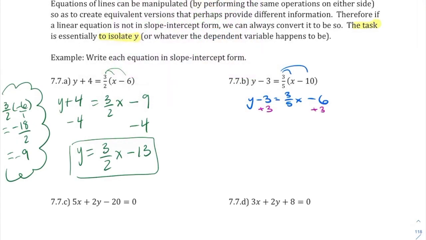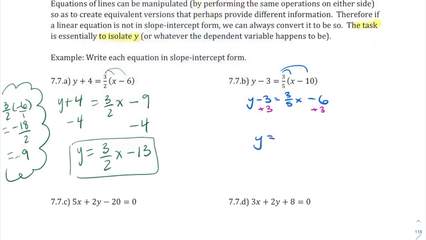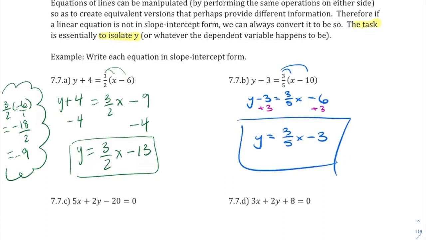So I guess 3/5 of that is 6. And then I just have to make sure I get rid of this 3 that's dangling on the left. Isolate y. And negative 6 plus 3 is something like that many. Boom.